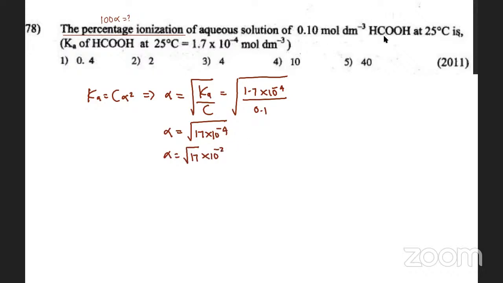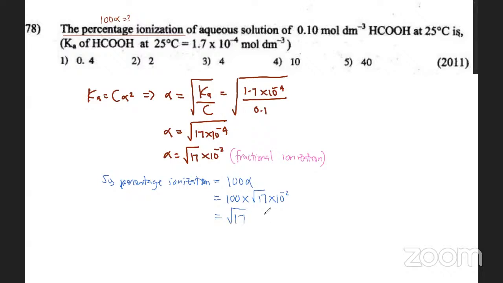People, this one what we have found here is not percentage ionization, this is fractional ionization. So percentage ionization is equal to 100 alpha, that is 100 into root of 17 into 10 to the power minus 2. Final answer is root of 17.